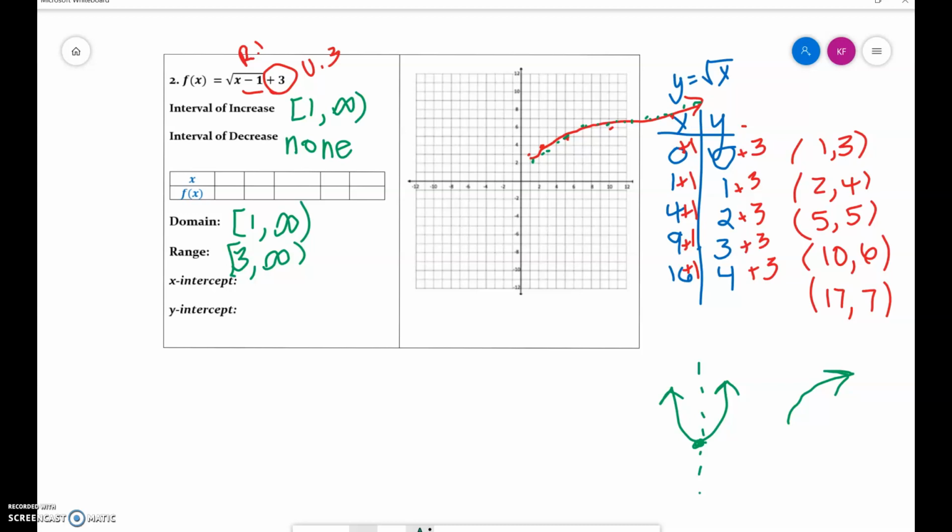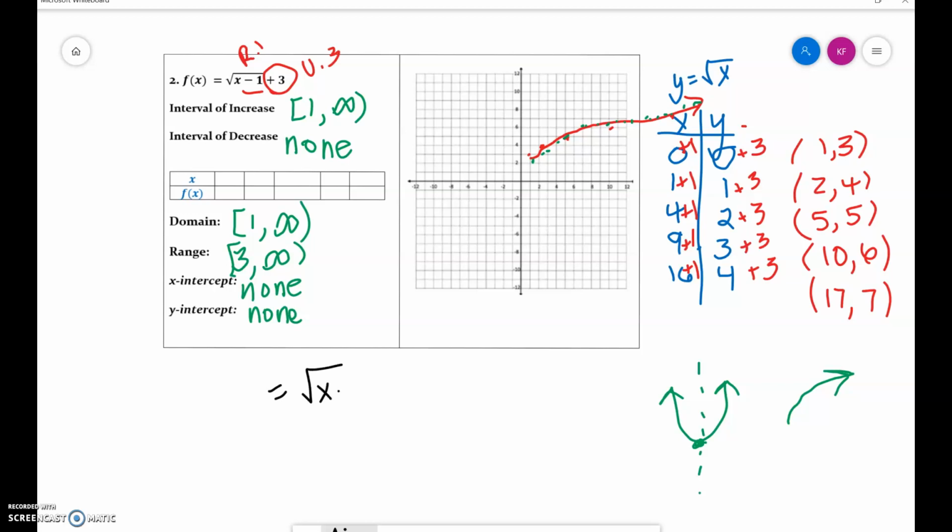As you can see here, we do not have an x-intercept or a y-intercept. I do want to show you how you could calculate those if you kind of can tell that you have an x-intercept, but you don't know exactly where it is. X-intercept is when y is 0.